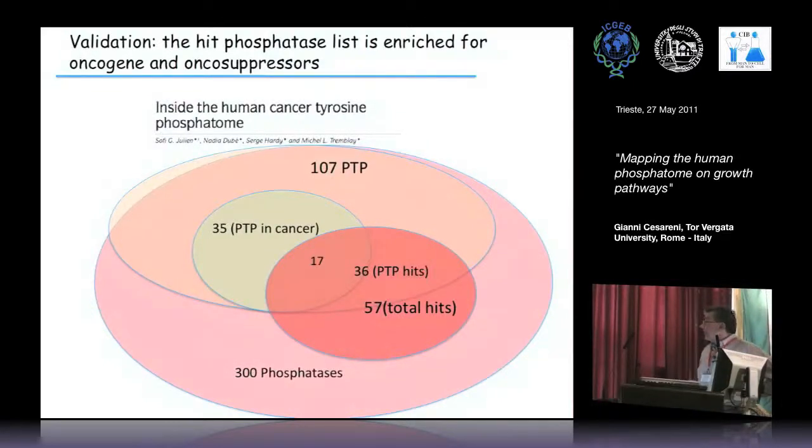The overlap between the 35 protein tyrosine phosphatases involved in cancer and the 36 hits is 17. If we had done it at random, by just choosing our hits from a collection of 107 phosphatases, the probability of achieving such an overlap is in the order of 1 per 1,000. So in some way, we are recovering from this screening some biological signal.